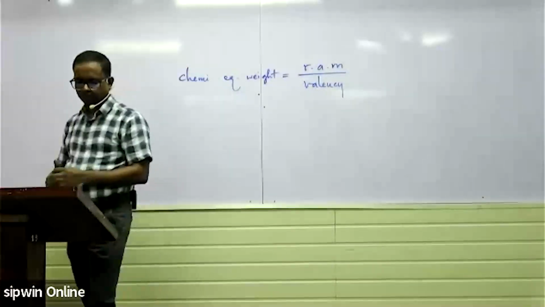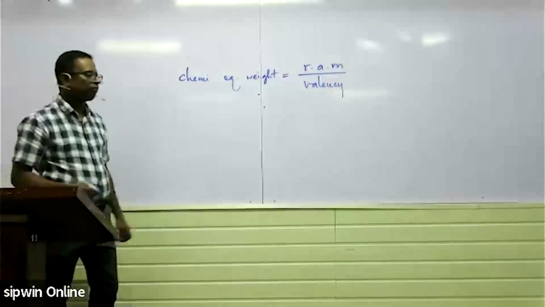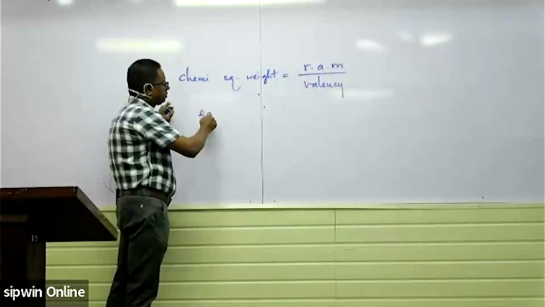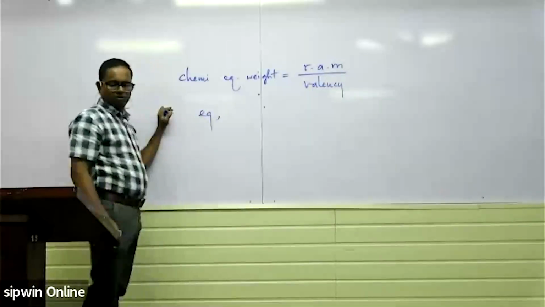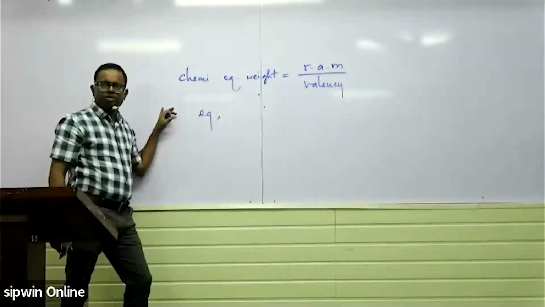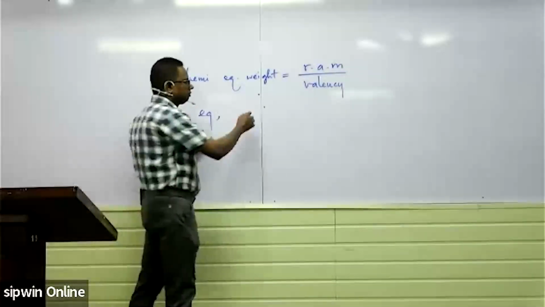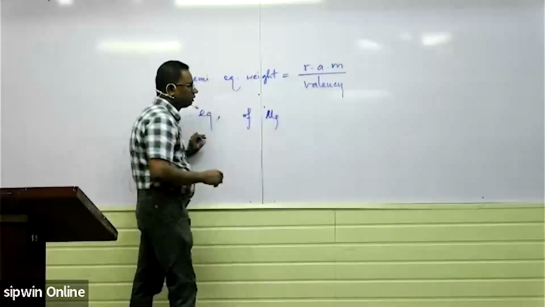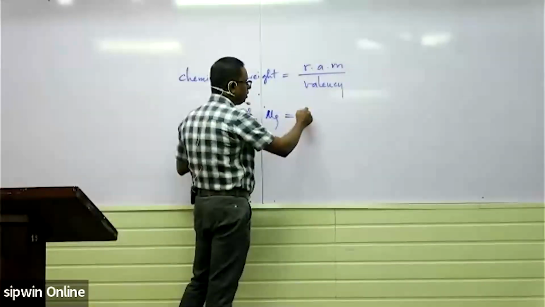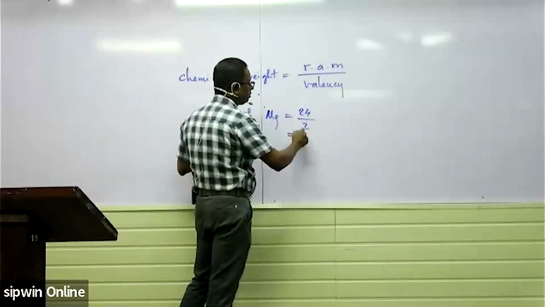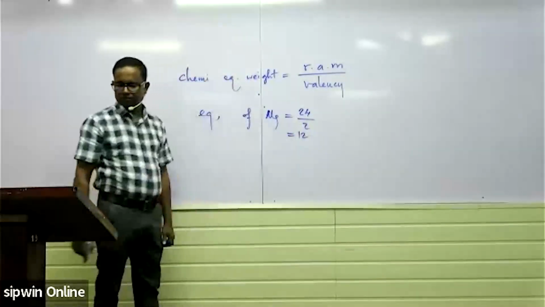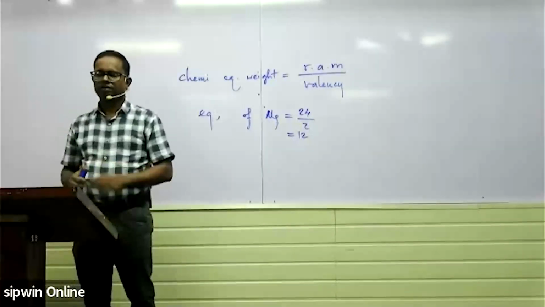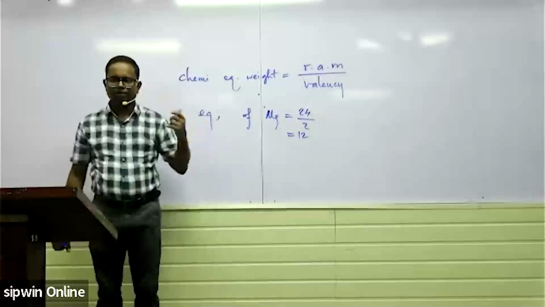Example: chemical equivalent weight of magnesium equals 24 divided by 2, which is 12.